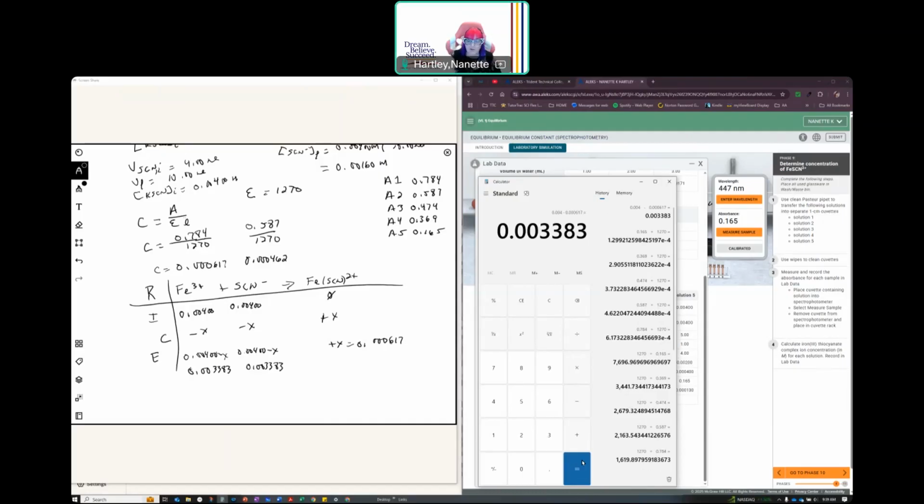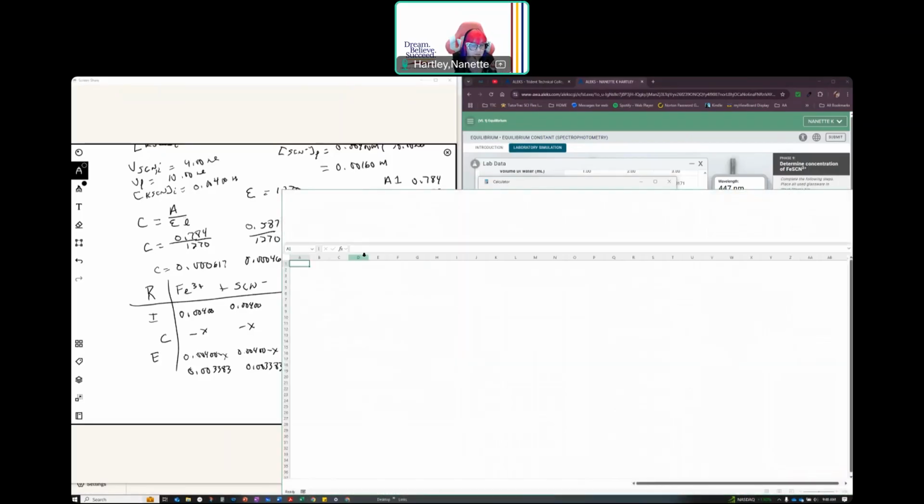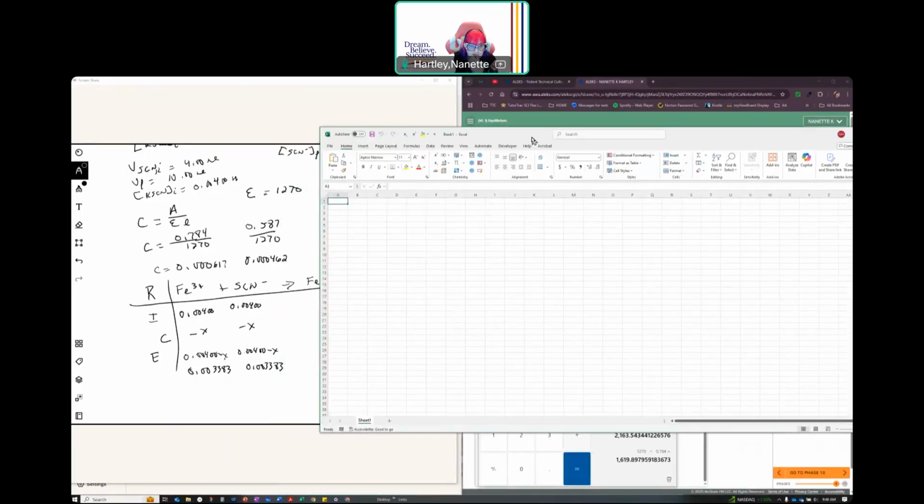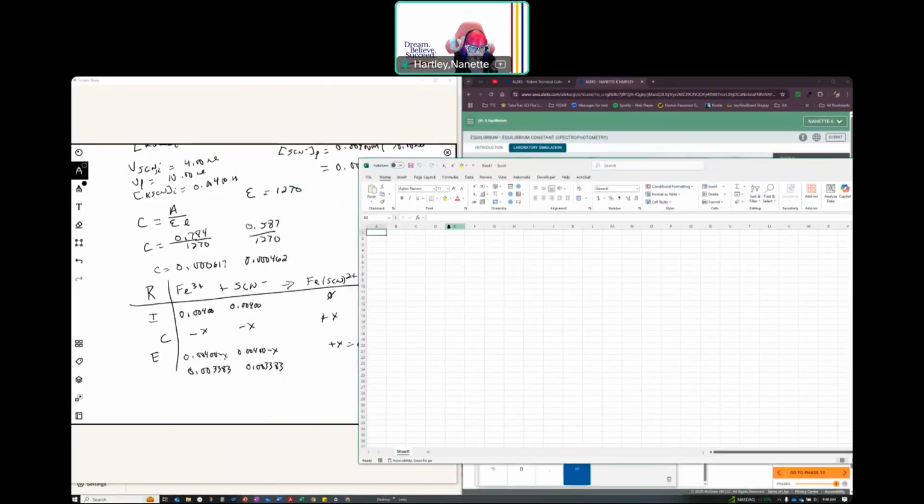I get really tired of doing all of this manually, so I get lazy. And so I come in and set up an Excel spreadsheet for myself to do this. The way I always do this is to set it up so that I have the initial concentrations and then the equilibrium concentration here.